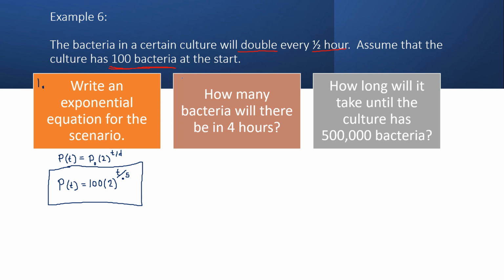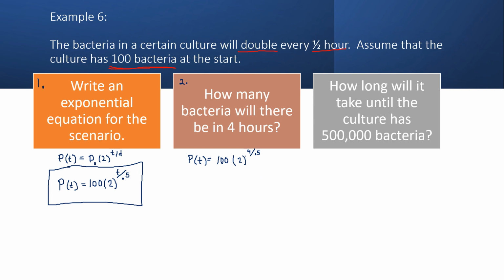Question number 2. How many bacteria will there be in 4 hours? So 4 hours is a time, and I'm going to plug that into my formula where the t is. And so for this one, I'm calculating the population, which is something that can be done on a handheld calculator. So writing this over, time is 4 divided by 0.5.